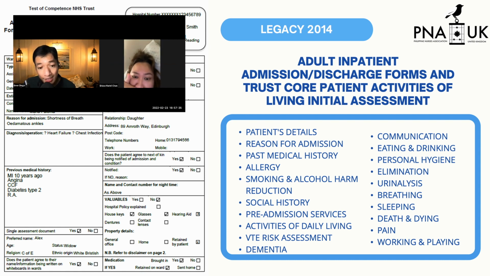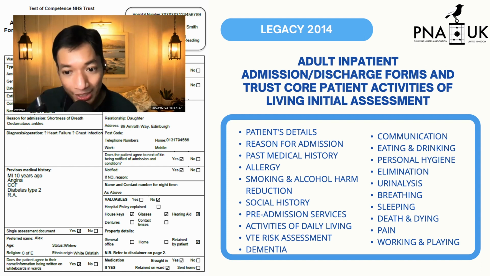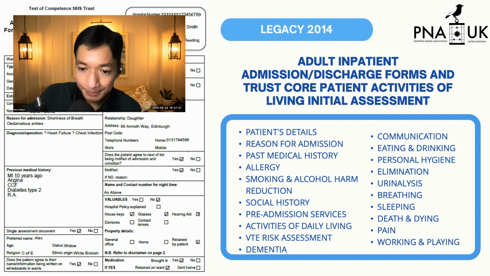You don't have to ask everything because again, you only have 50 minutes to perform that. But those are the most important questions: if the patient is in pain, the score, the quality, and the location. So that should be fine, okay? Because for the new test of competence, pain is a standalone station, okay? It's a standalone station.